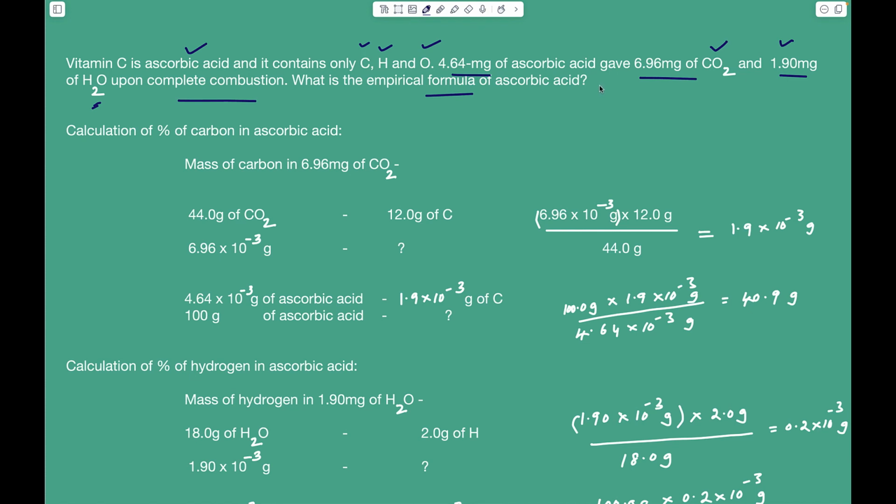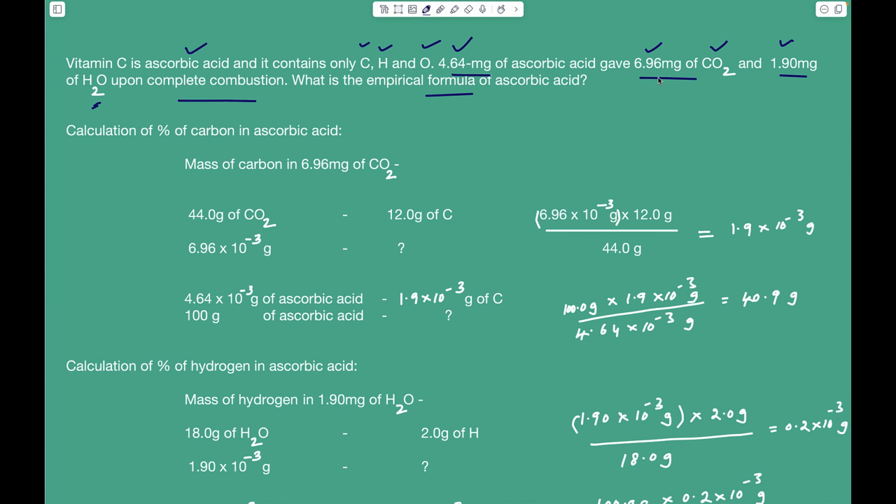So that means whatever carbon is present in 6.96 milligrams of carbon dioxide has all come from 4.64 milligrams of ascorbic acid.